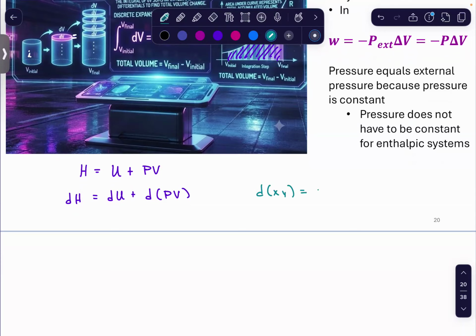You take the differential of the first one, so you have 1 times the differential of the second one plus the second one times the differential of the first, so x times the differential of y plus y times the differential of x. This is called the chain rule for your derivatives.